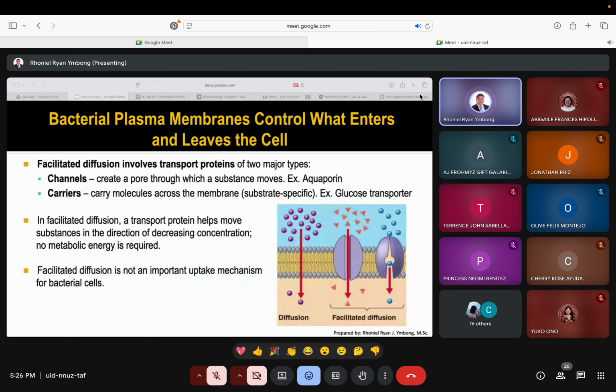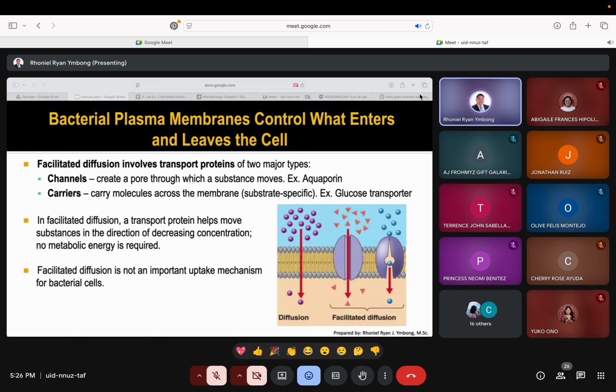Now you also have facilitated diffusion, that involves several transport proteins, and you have two major types. You can call them channels, meaning these are pores present in your plasma membrane, and you also have carriers. Your carriers are also membrane proteins that are substrate specific.